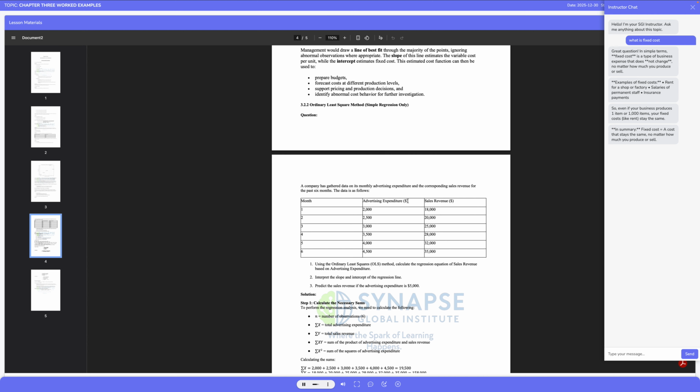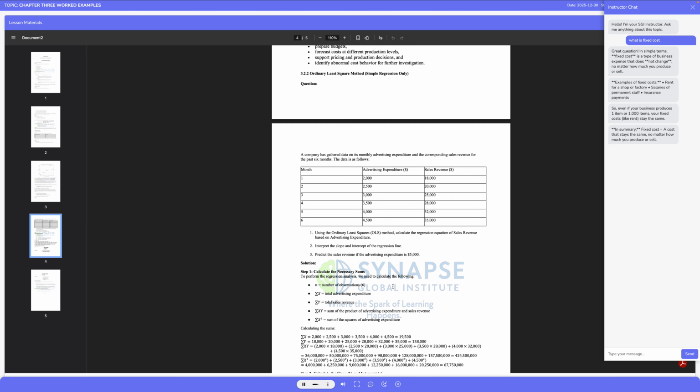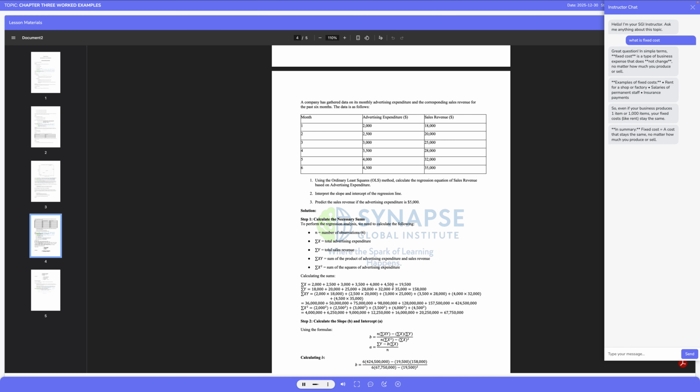The first step in applying the OLS method is to compute the necessary summary statistics from the data. These include the number of observations, the total of the advertising expenditure values, the total of the sales revenue values, the sum of the products of advertising expenditure and sales revenue, and the sum of the squares of the advertising expenditure values. In this question, there are 6 observations.